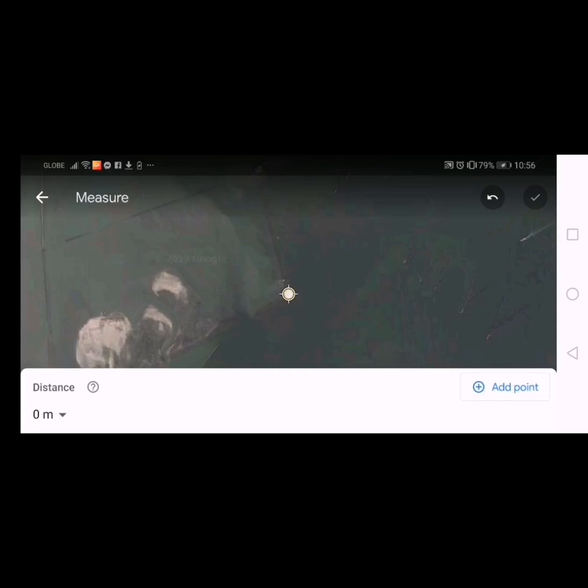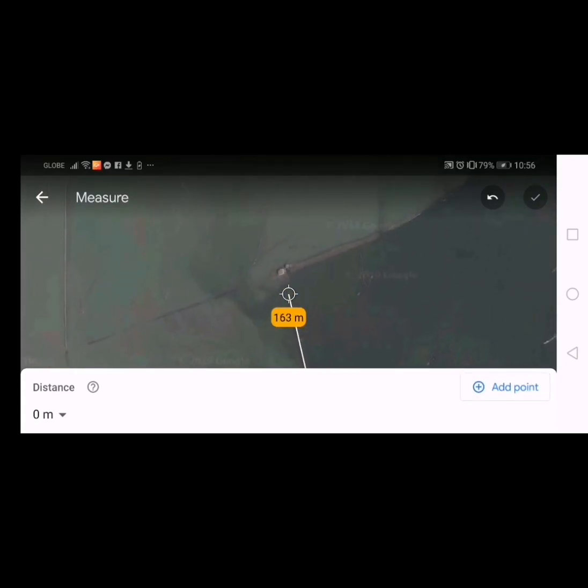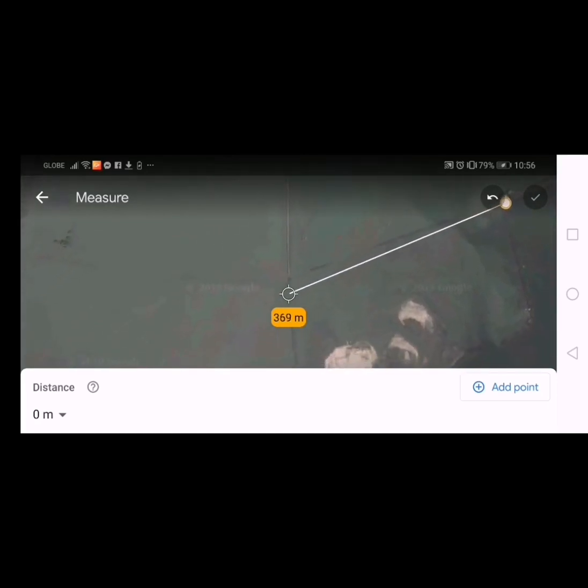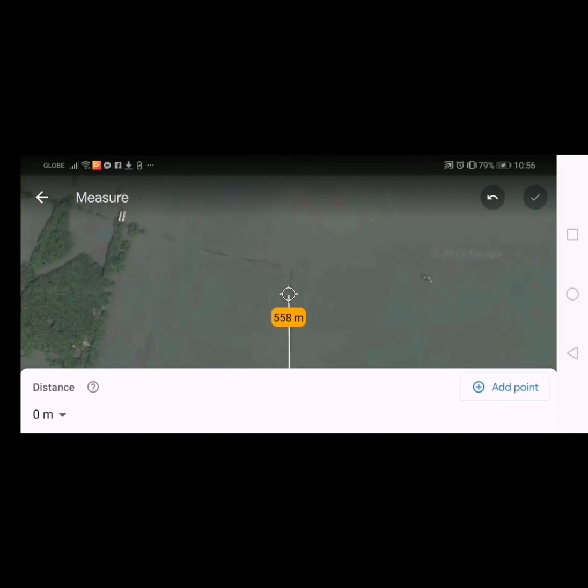It's almost 500 meters. That's just one section, and another section is almost 200 meters. If we go to the other section, it's quite long. This one is 363 meters, and the section I'm talking about is almost 600 meters.